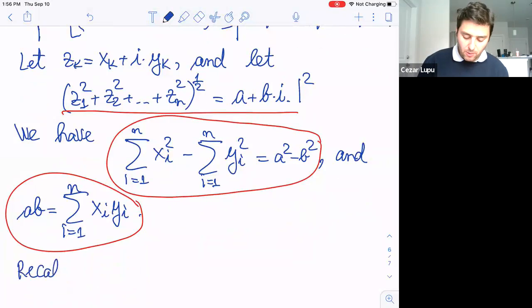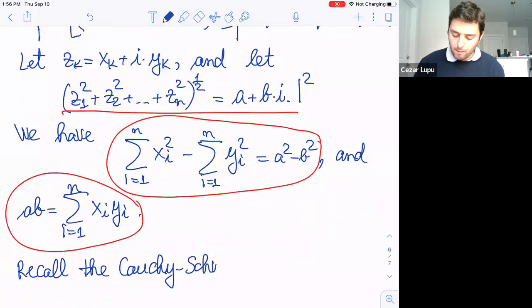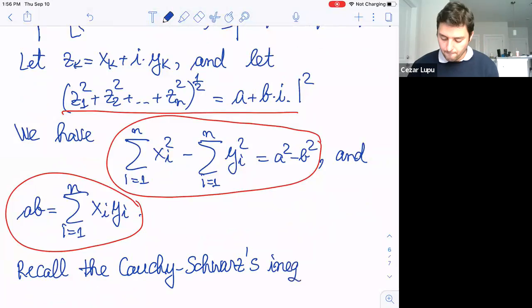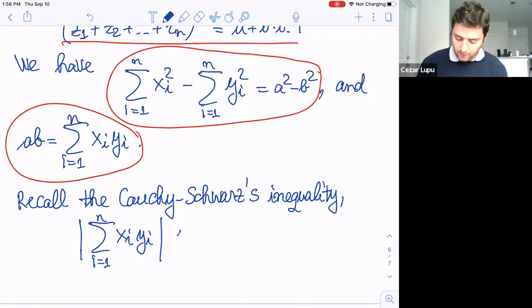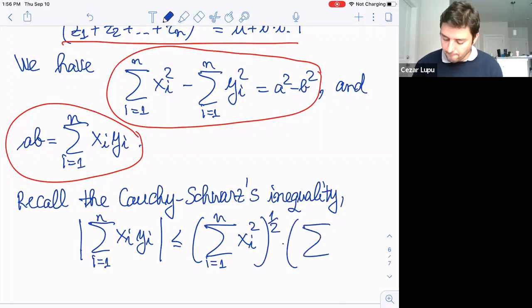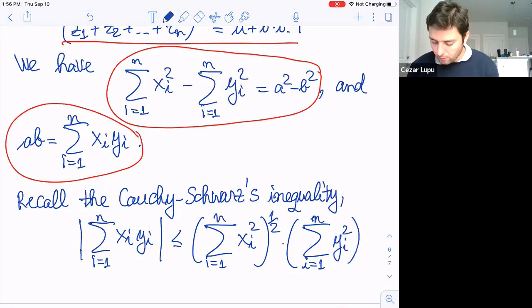Let me recall the Cauchy-Schwarz inequality, which says the following: the absolute value of the sum of x_i y_i is less than or equal to the sum of x_i squared to the 1/2 times the sum of y_i squared to the 1/2.